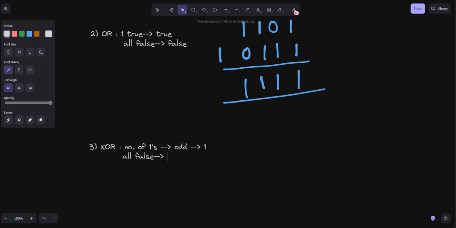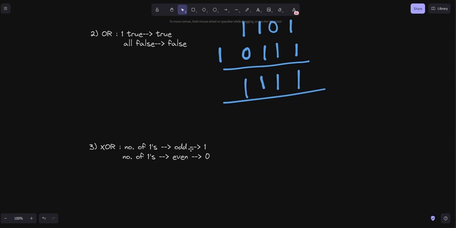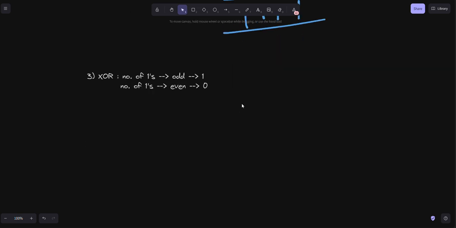And if the number of ones is even, then your answer would be 0. So please make a note of it. Many people get confused between these two. As you practice, you will get it.